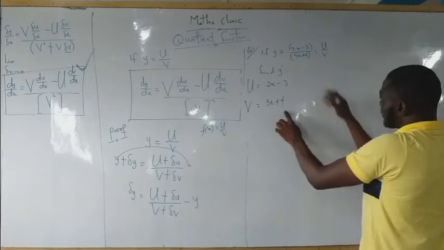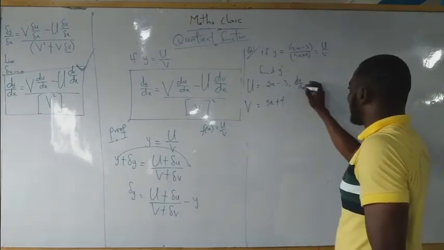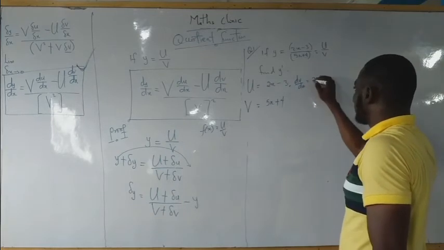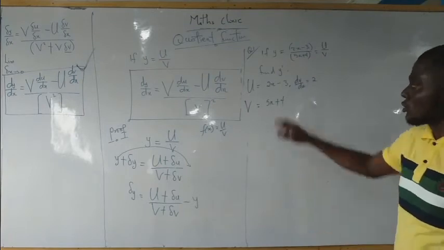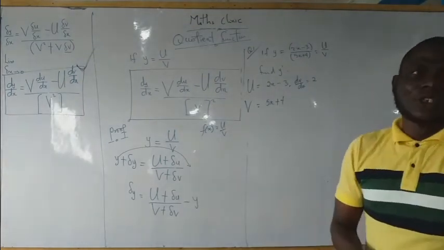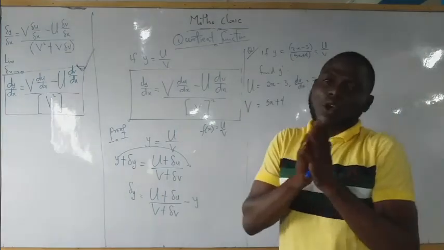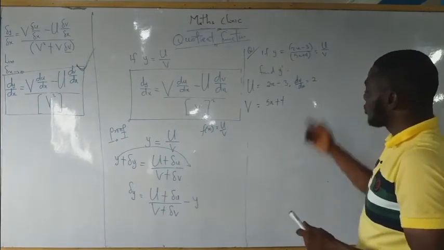V is 5x plus 4. Okay? We need du dx. What's du dx? 2. Not 2x, but 2. Why? This minus 3 is a constant. So the derivative of a constant term is 0. 0 means nothing, so there's no need of putting 0 there.